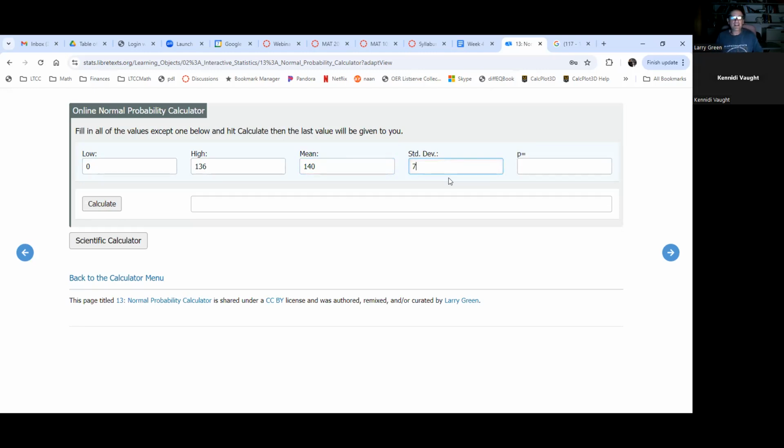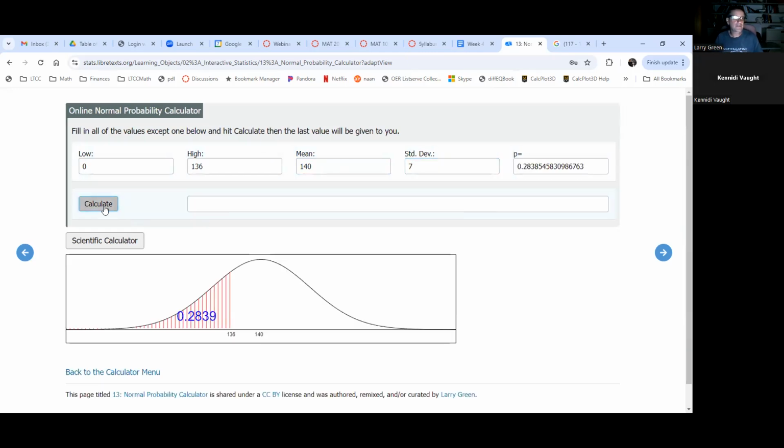Any questions on getting this in the calculator? Okay, and I hit calculate. There we go, to the nearest percent, it's about a 28% chance, or 0.28.